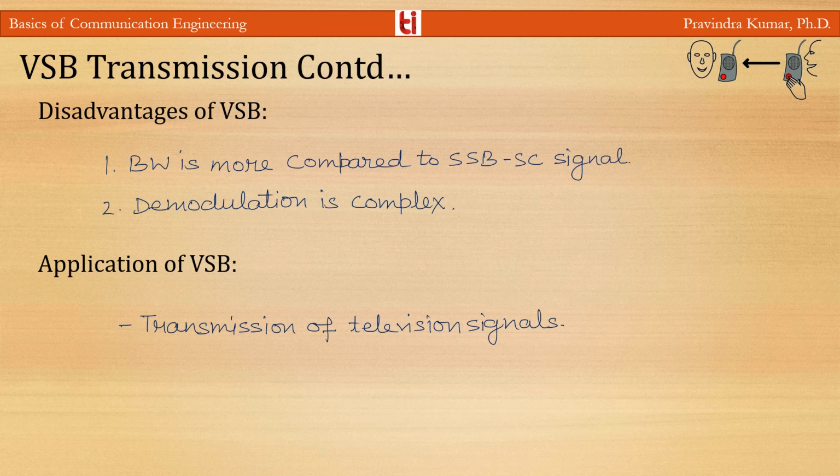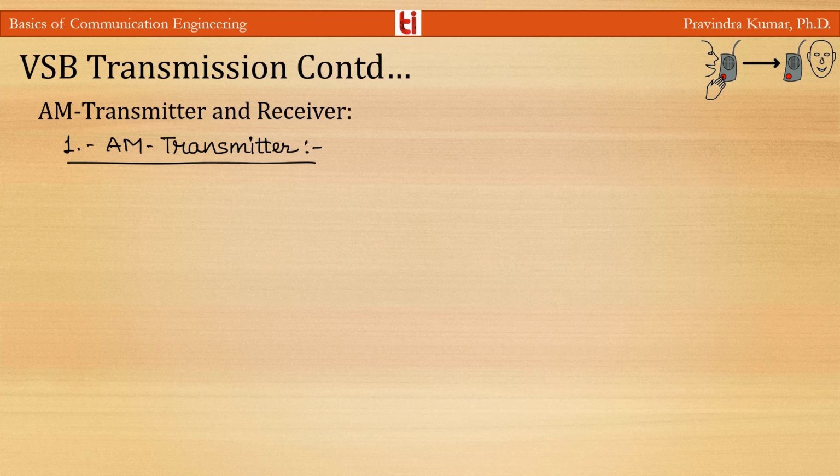If the transmitter uses DSB full carrier or DSB suppressed carrier technique, it is most convenient and efficient when bandwidth usage is considered.